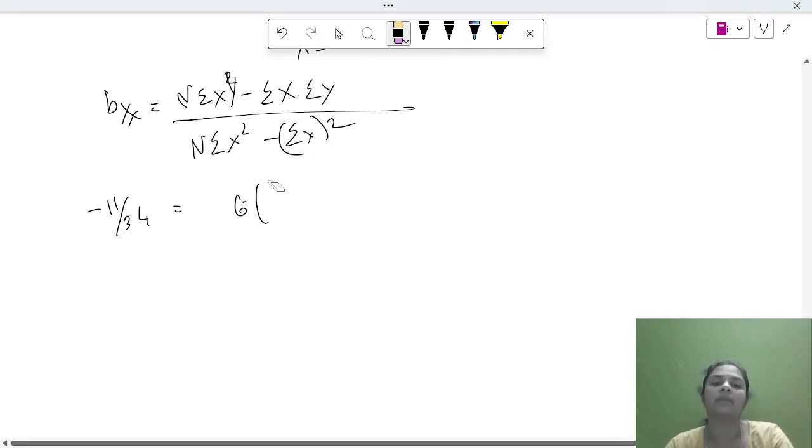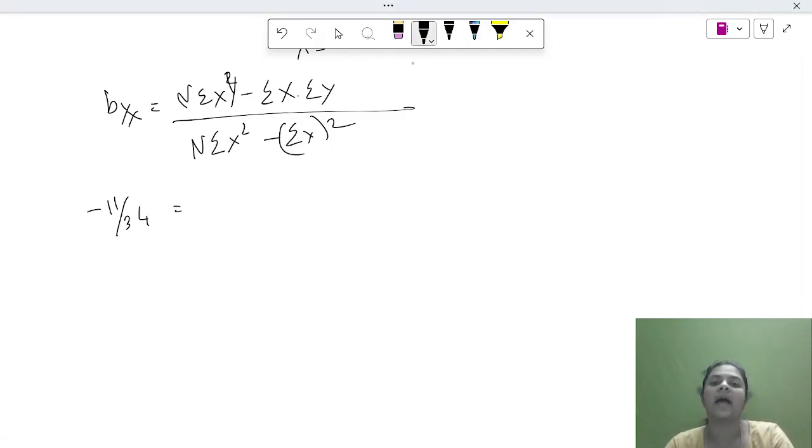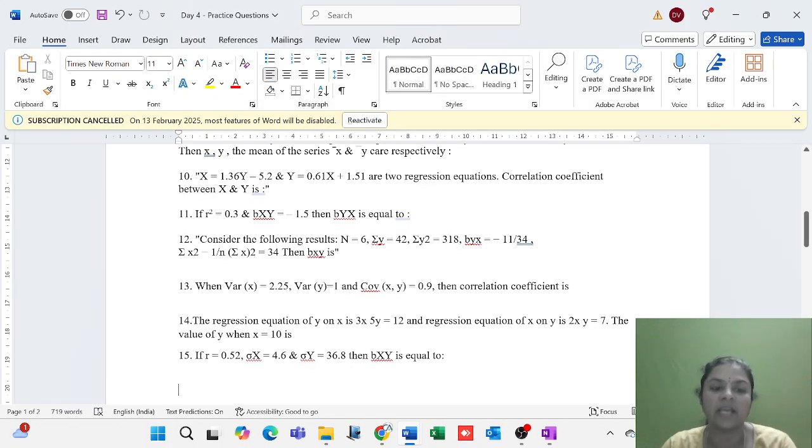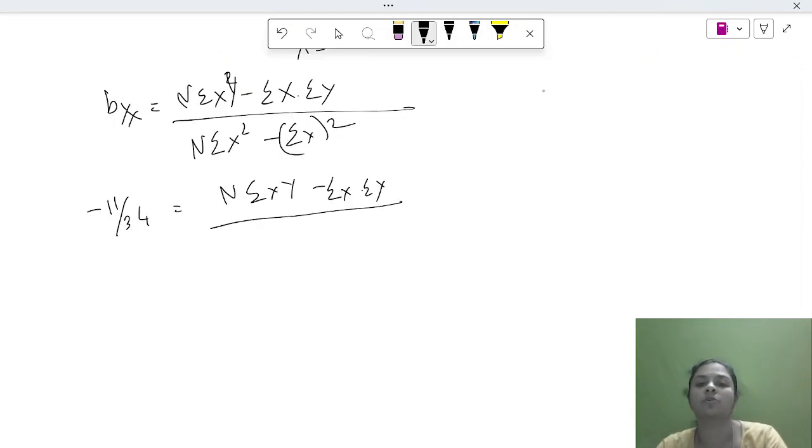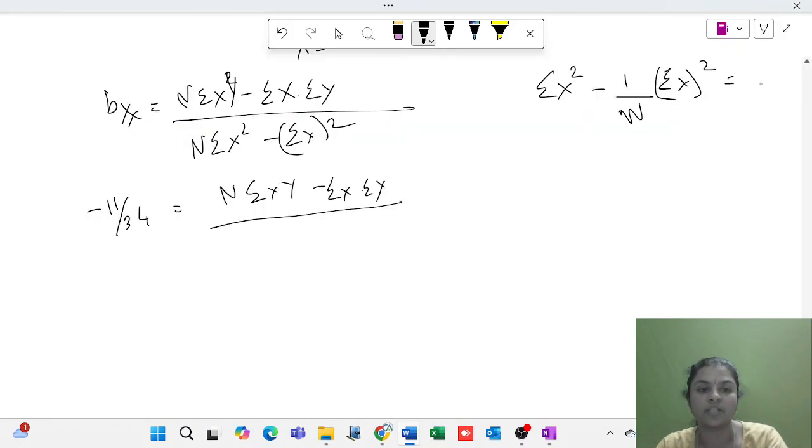So I am going to keep the entire numerator as it is. Divided by, now see what is given for the denominator. They have given sigma x square minus 1 by n sigma x the whole square is equal to how much?